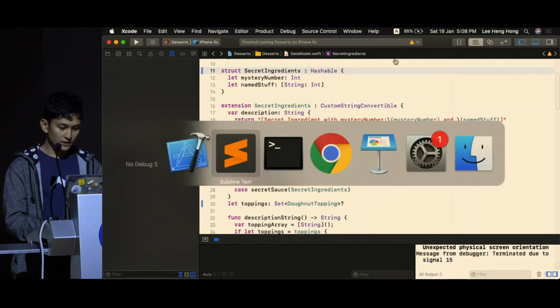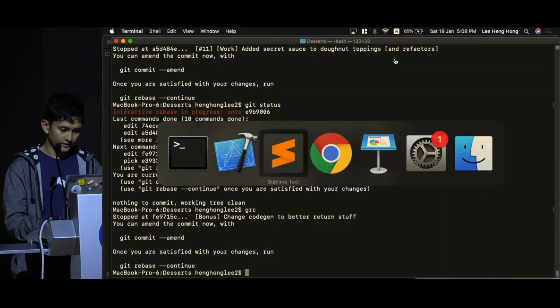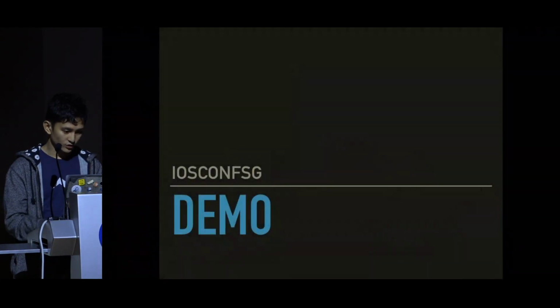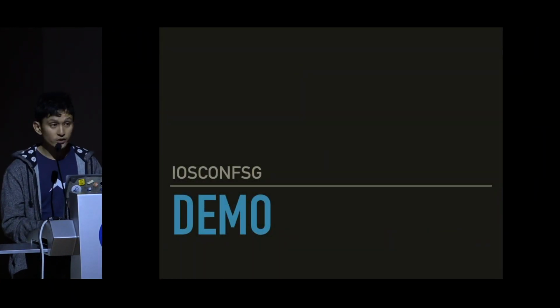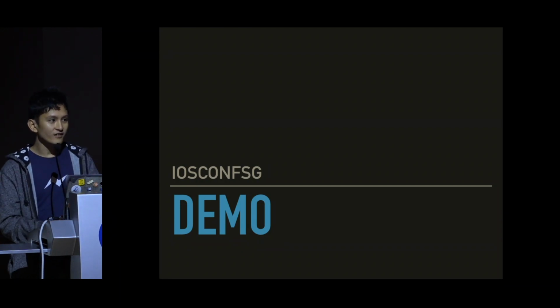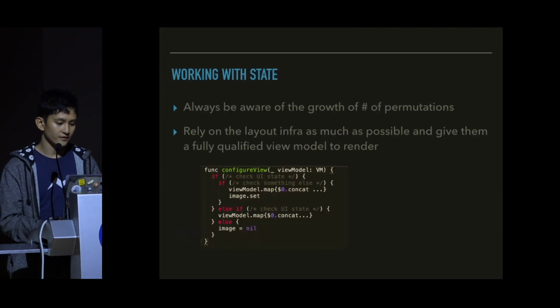Okay, so that brings me to the end of the demo part, which is basically how I would structure the application to rely on the data model doing all the work on handling all the states for me, so that when I compile, I can know all the errors, fix all the errors, and be confident that it's correct, right?